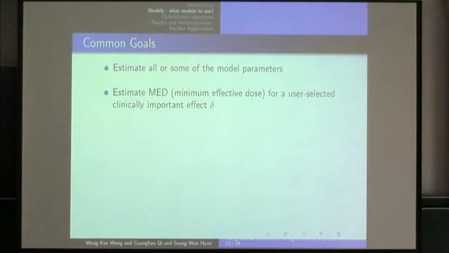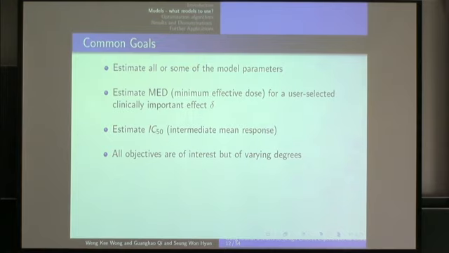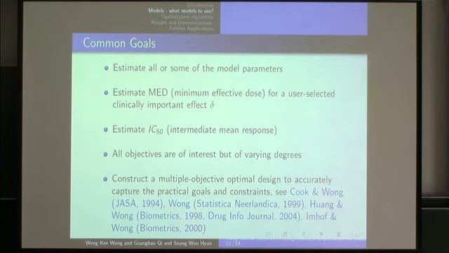Suppose we want to estimate some of these quantities, the minimum effective dose, what's the amount of drug I should give so that the tumor shrinks by a certain size, delta, or IC50, the dose that will give me a response midway between the two extremes of the doses. And then maybe this has varying objectives. Some is more important than the other. You want to find a design that can balance these competing objectives.